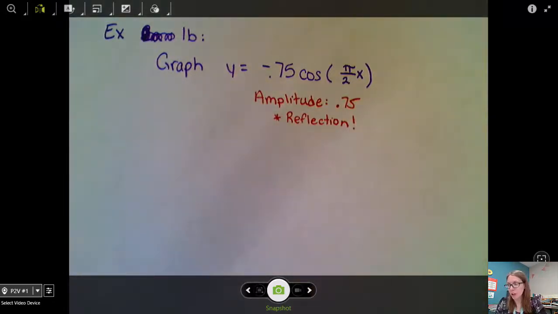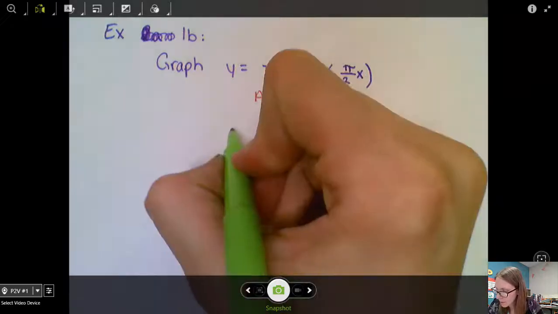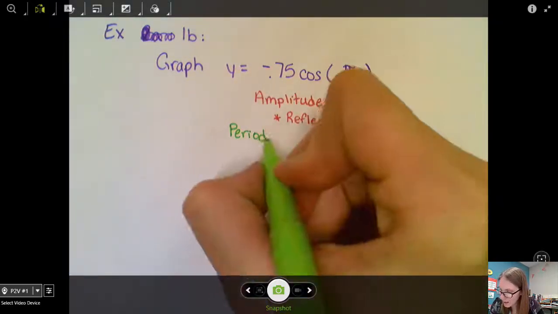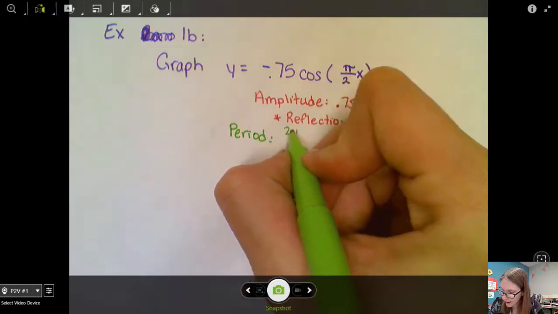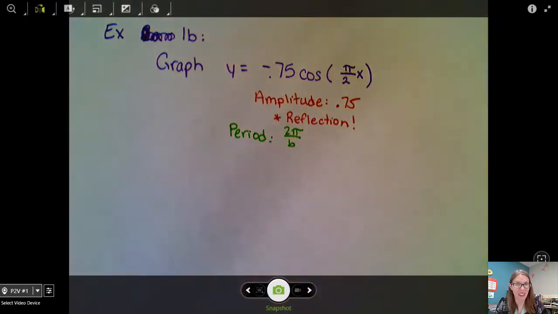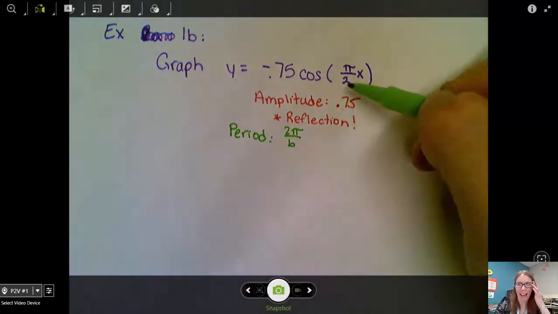And then we also have to figure out the period of our function here. And the period, remember, we find by taking 2 pi divided by b. And b is that number that's in front of the x in our equation. In this case, that number in front of the x is kind of messy because it's pi over 2.